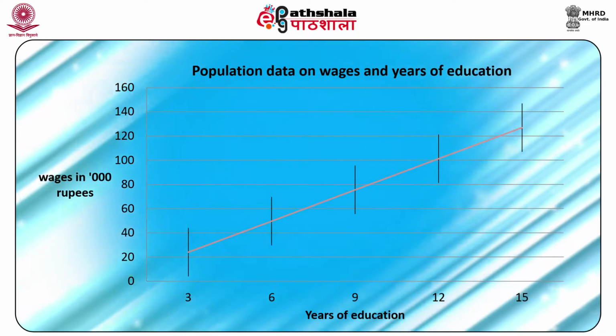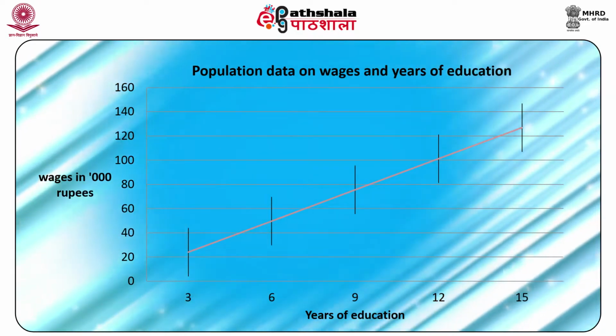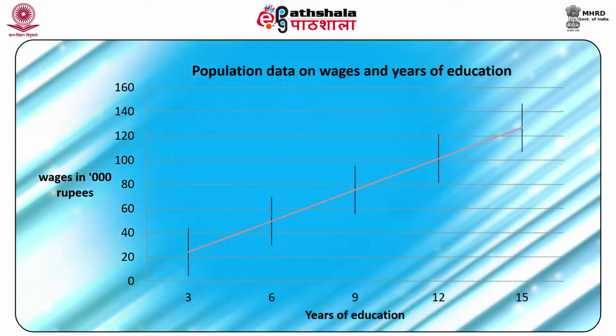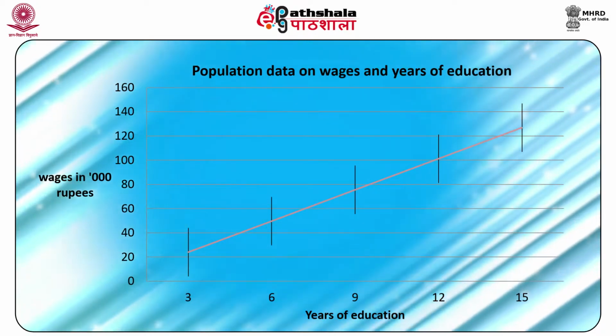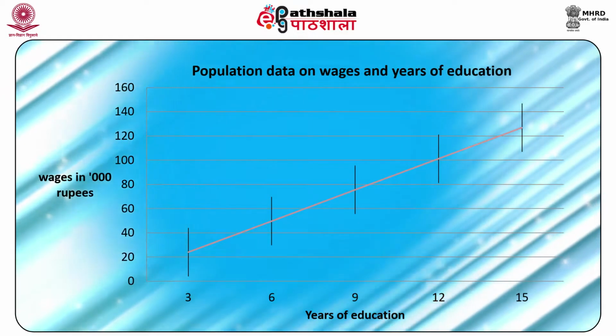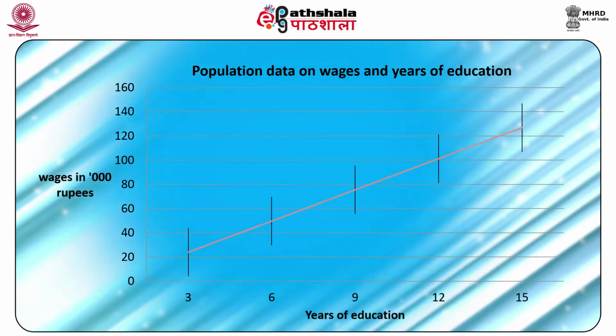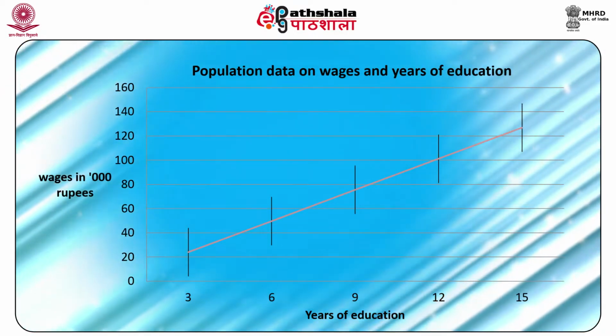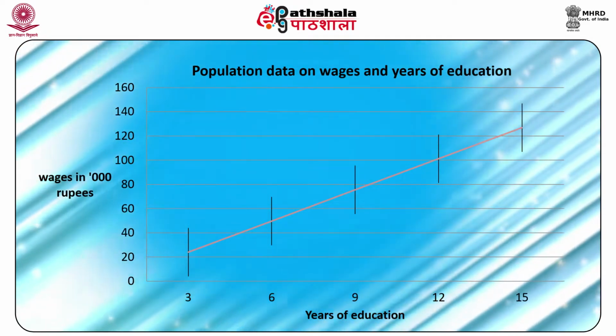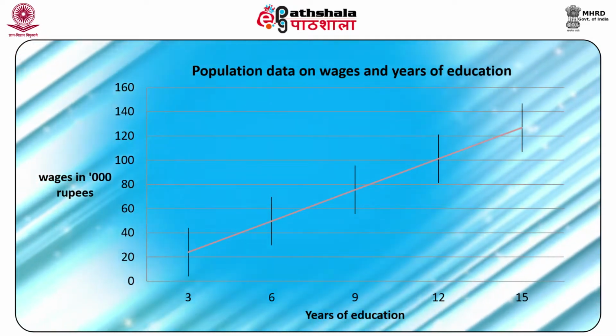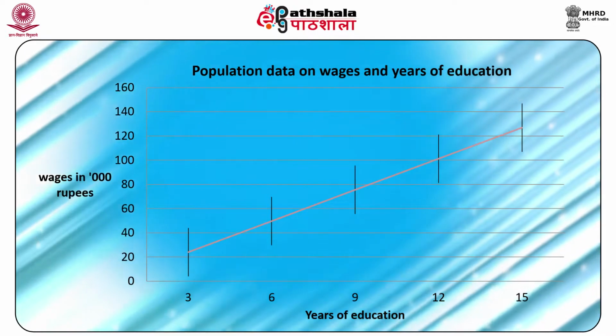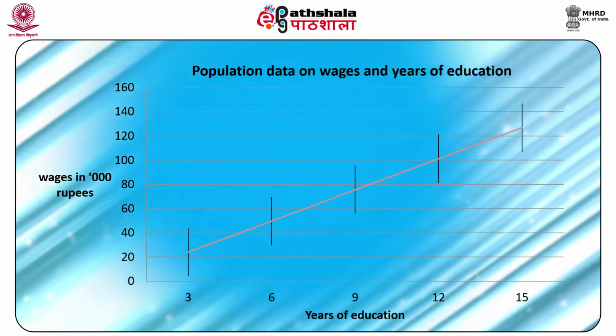In this we can see that each of the subpopulations has a mean or expected value denoted by E(y|x), that is, expected value of y given x, as shown by rounded dots. If we join these dots, we get a population regression curve.